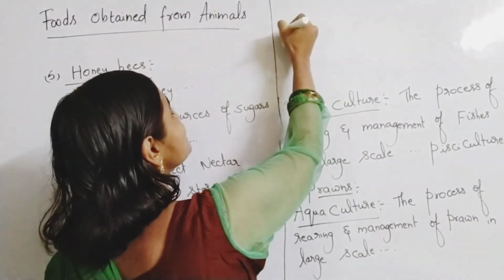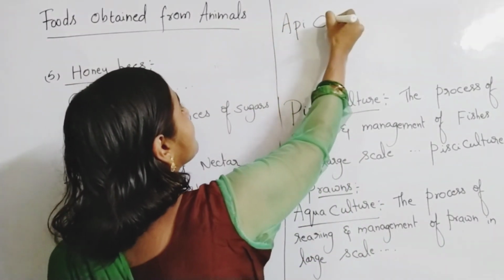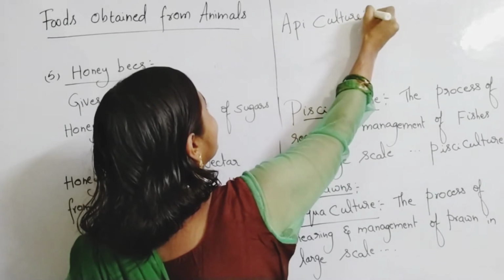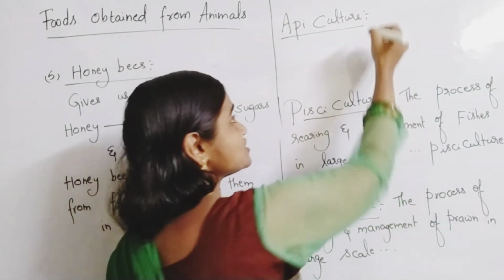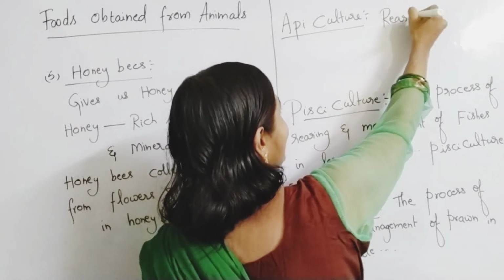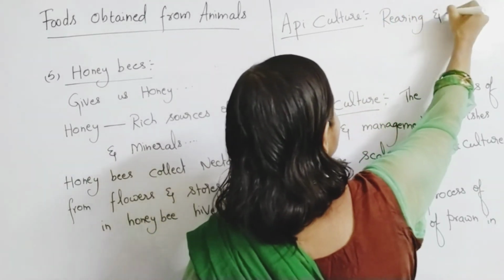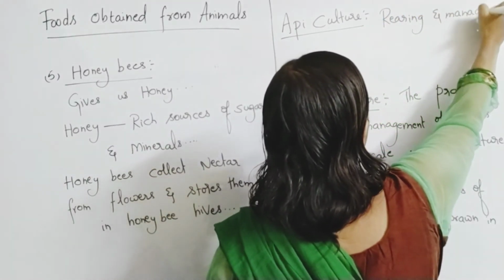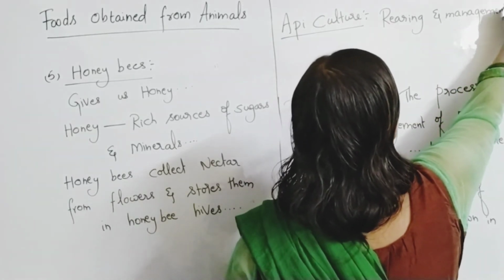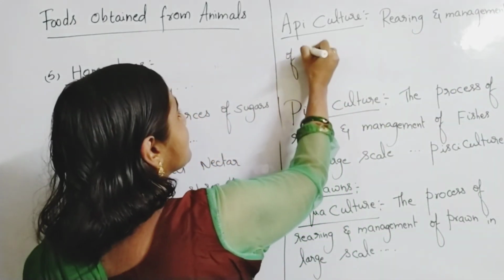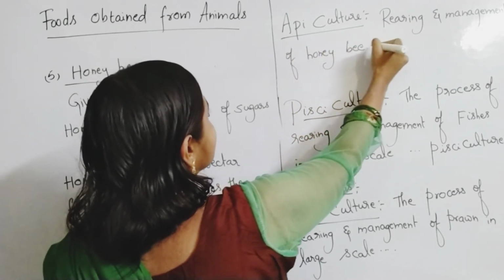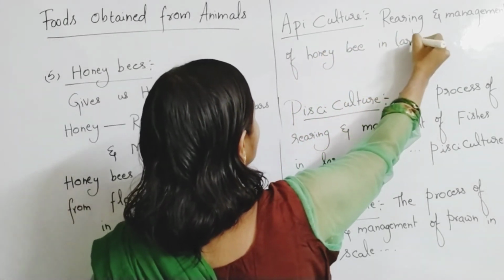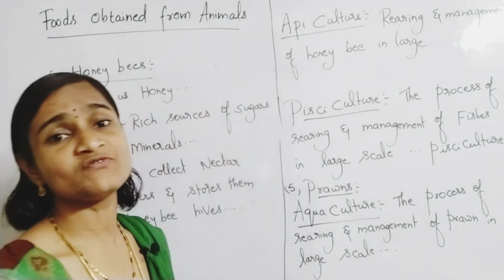You call it apiculture: rearing and management of honeybees on a large scale. So you have learnt about three types of processes.